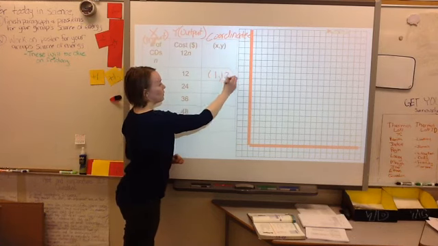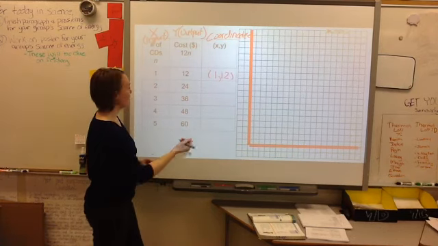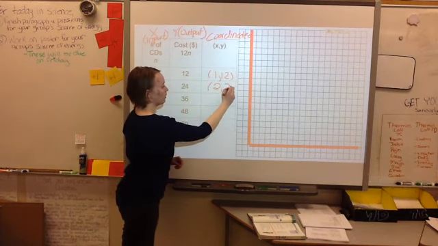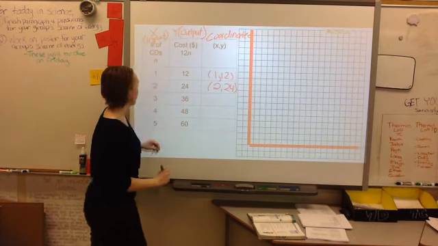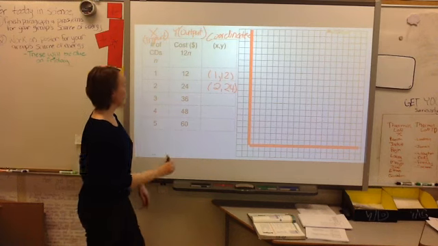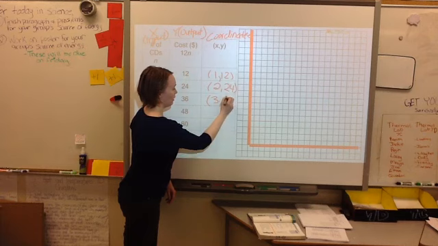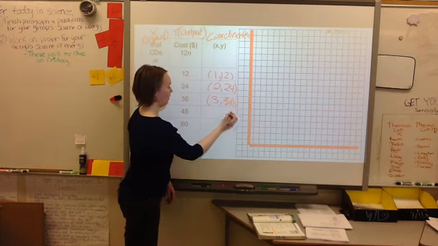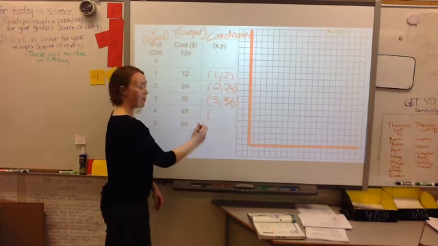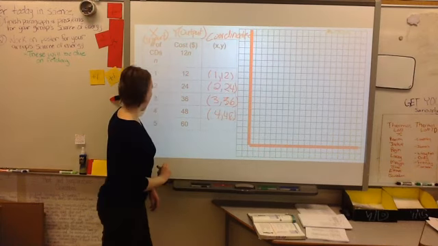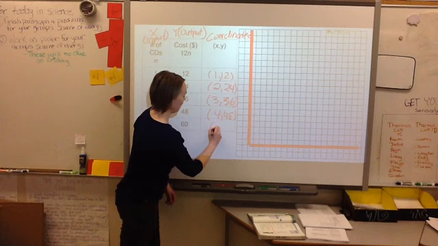So these coordinates would be (1, 12), (2, 24), the third one would be (3, 36), the next one would be (4, 48), and then (5, 60).